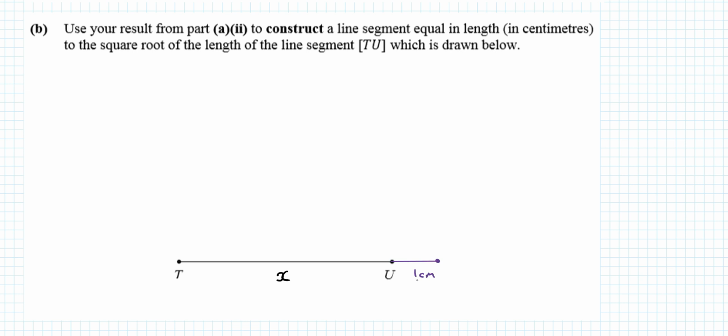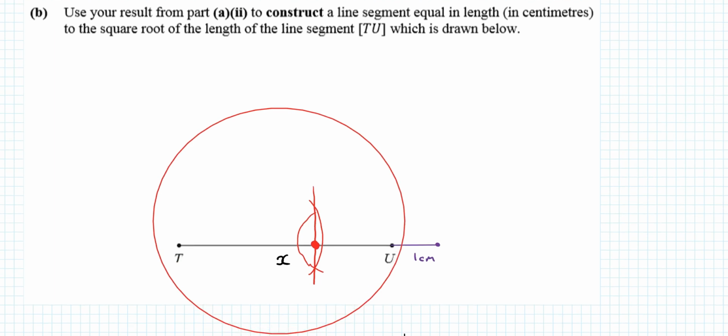Then we could bisect this distance from T down to here by using our compass. So remember, what that looks like is you're going to swing an arc just so it's greater than halfway, and another arc just so the radius is greater than halfway. And we get a perpendicular, so it's here, that's the bisector. And draw a circle then with the center that is TU.